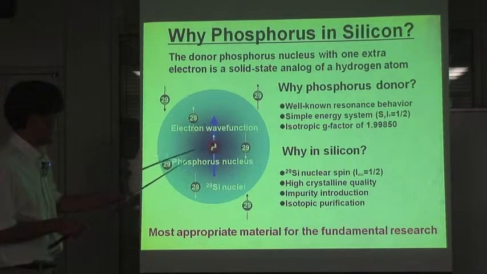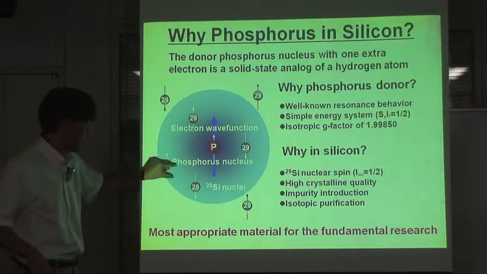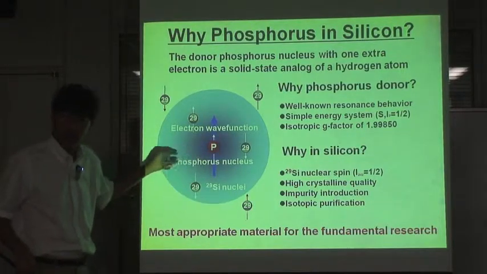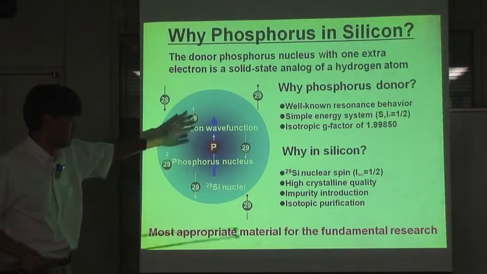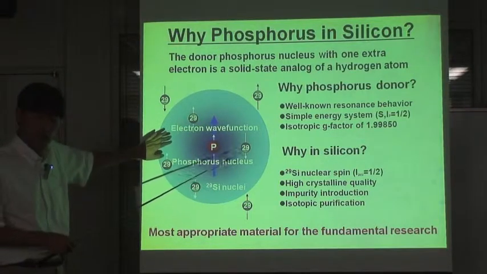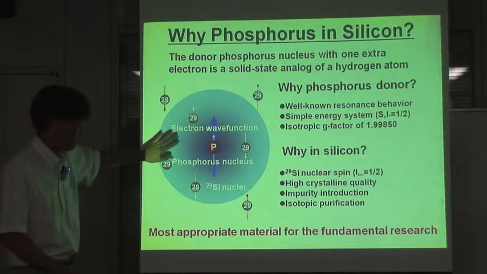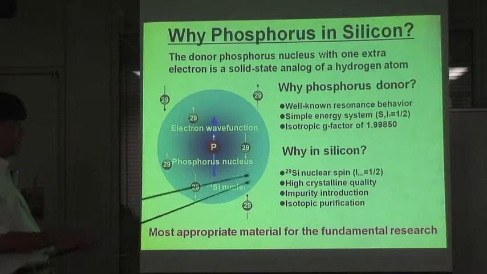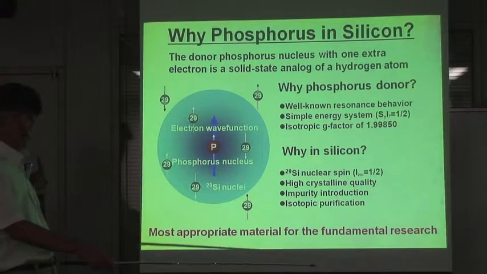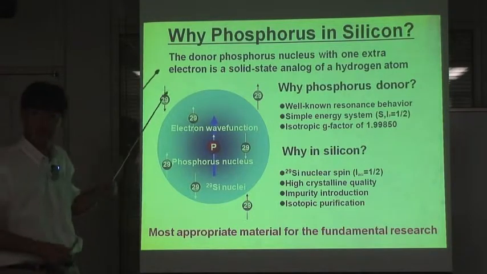Then we want to use this electron spin bound to phosphorus to orient silicon-29 nuclear spins. Once the silicon-29 nuclear spins are oriented, the nuclear spin diffuses away. So these oriented silicon-29 nuclear spins diffuse out of phosphorus, away from phosphorus, to orient silicon-29 in the whole crystal.